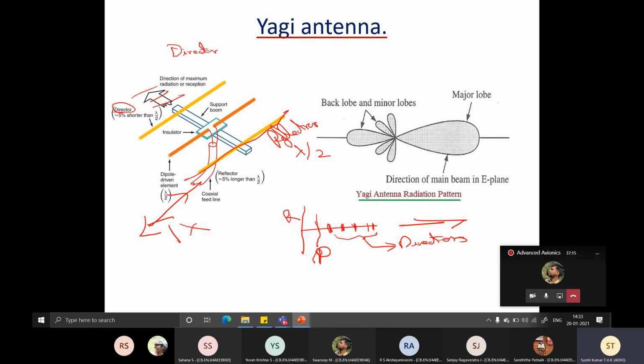I'll give you a hint: the application requires a pencil beam, one single pencil beam.